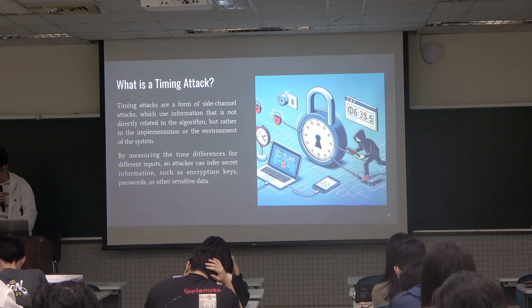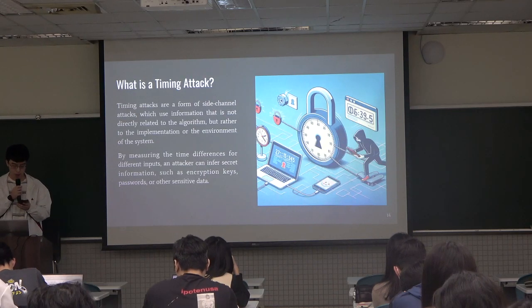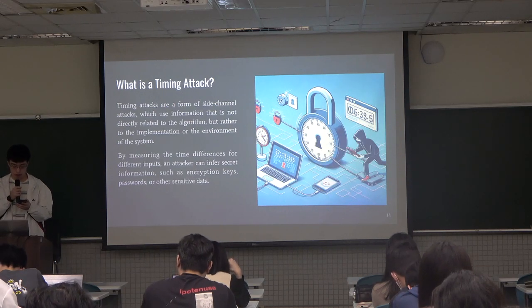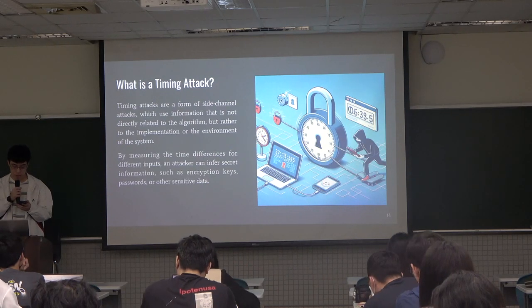Okay, now you know some knowledge about password cracking, and I'm going to talk about timing attacks. Unlike common attacks, timing attacks are a form of side-channel attacks that use information not directly related to the algorithm, but rather to the implementation or the environment of the system.